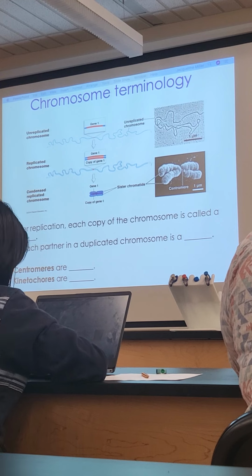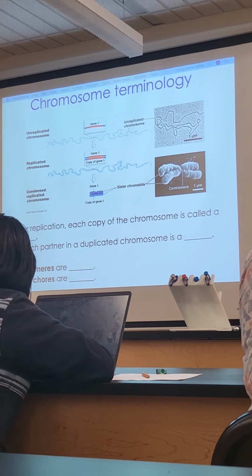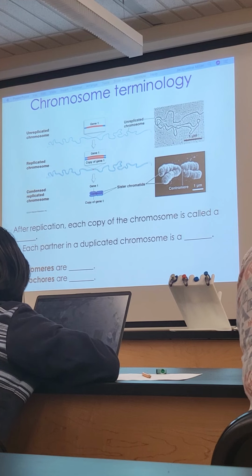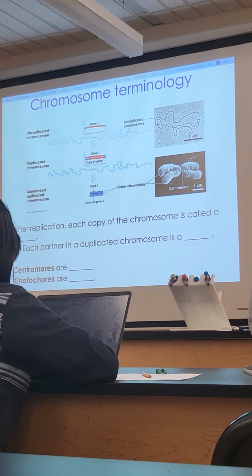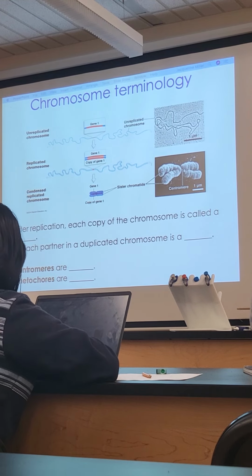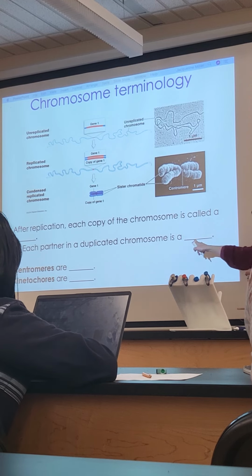But truthfully, as long as you have a single DNA molecule, that is called a chromatid. So you can have one chromatid, or once it's duplicated, they're called sister chromatids. So for this second blank, you would say sister chromatid.